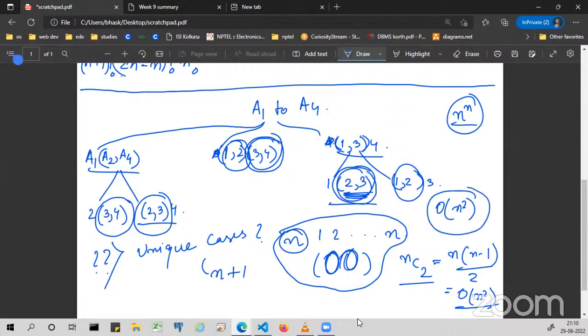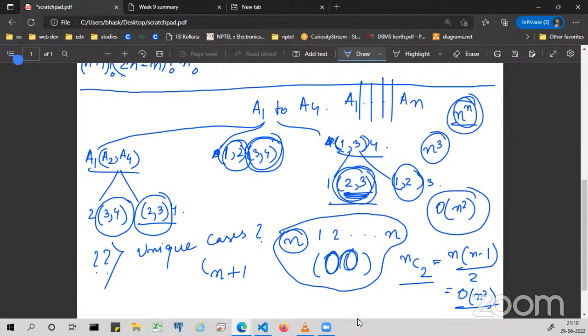And when I am just putting the parentheses, if I have a1 to an, I can have n minus 1 gaps, which we discussed. So n squared into n minus 1 gaps would give me around order of n cube time, which was initially order of n to the power n time.